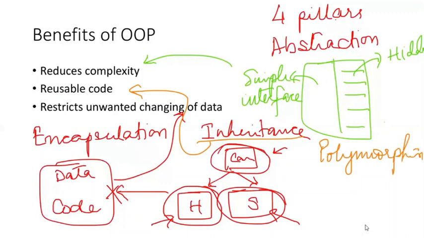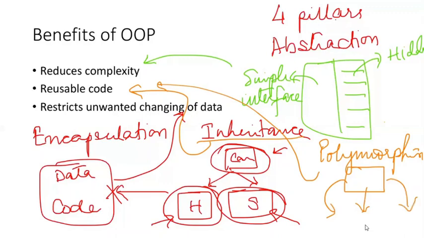And finally, the fourth and last one was polymorphism. Polymorphism also helps in reusable code. That means you have one single function, and that function will work differently for different objects. So it implements code reusability, and also the complexity is reduced.